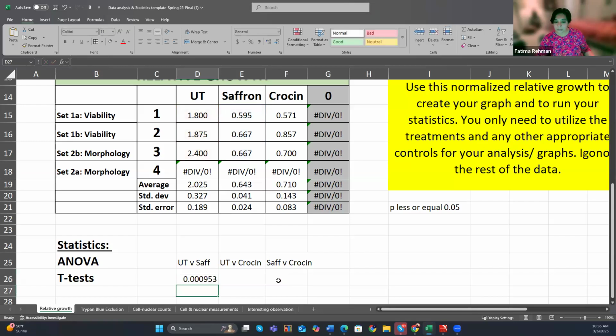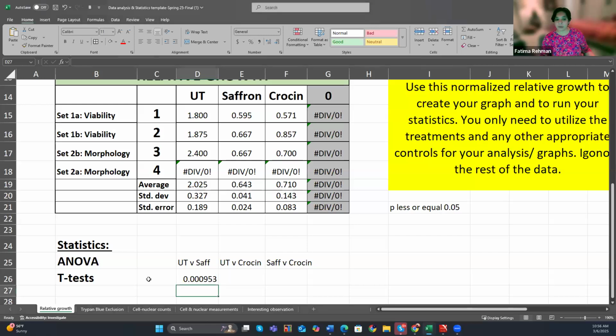And when I look at it, I find 0.000953. Is that a significant effect? Does this show that saffron behaved differently than untreated? Yes or no? Based on our premise that it's a p-value of 0.05 or less.